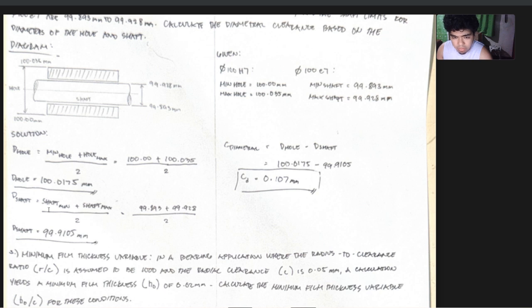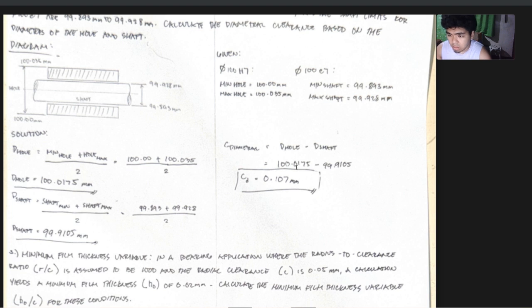For the shaft, minimum shaft plus maximum shaft, 99.893 plus 99.928 divided by 2 is equivalent to 99.9105. So for the diametral clearance, we will just subtract the mean shaft diameter from the mean hole diameter.